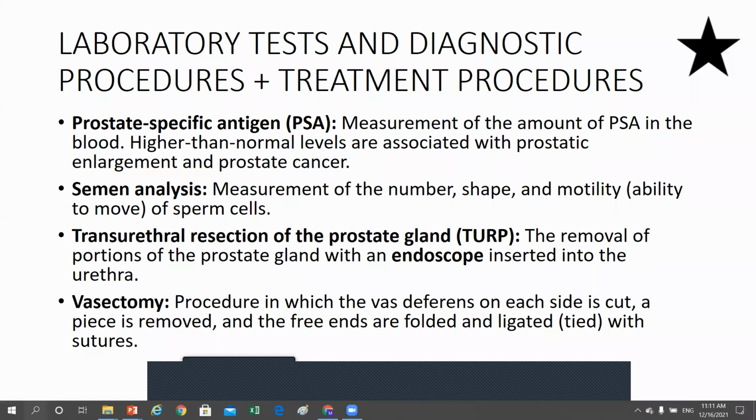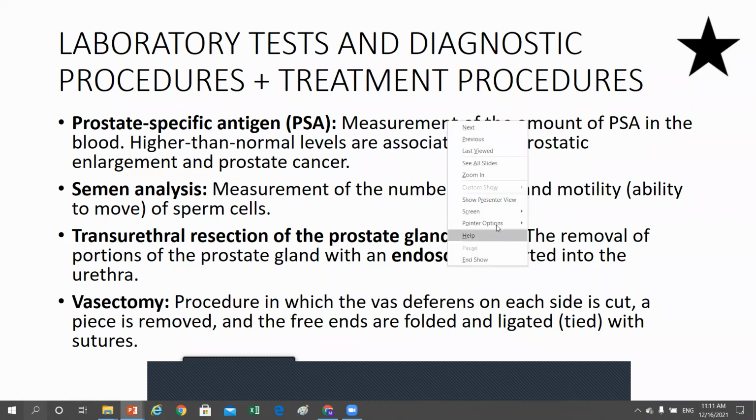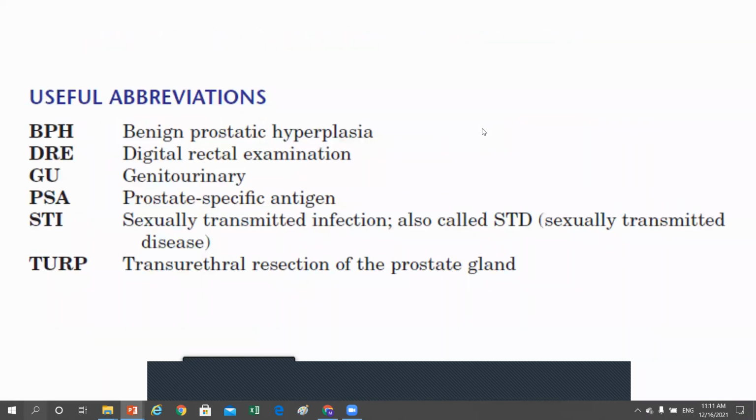To stop further children, we can do this vasectomy. This is a process of contraception, and a common practice when we want the sperm not to reach.